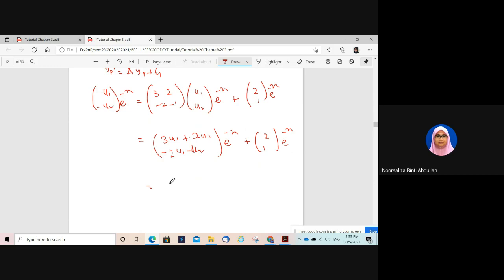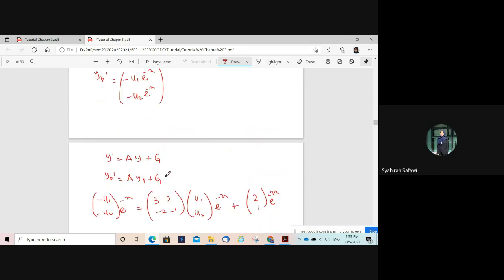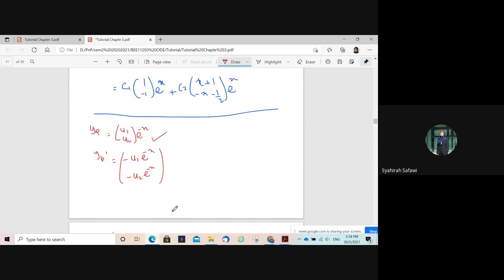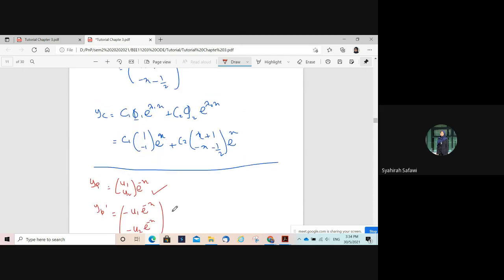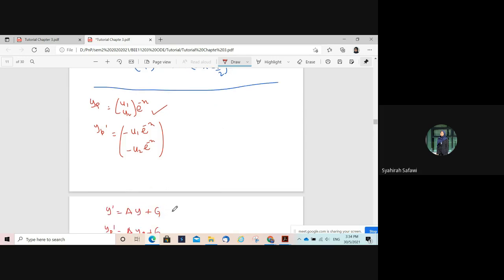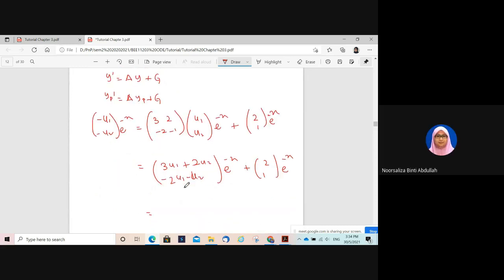Okay. Then, yang atas tu sama. Yang atas salah kat mana lagi? Dia minus 2U2, kan? Yang atas tu, equation yang tadi doktor betulkan tu. Yang masukkan dalam equation yang tadi. Dia 3U1 minus 2U2, kan?